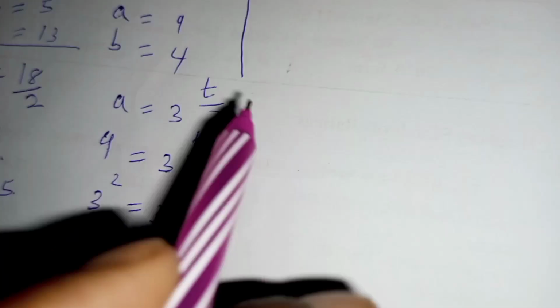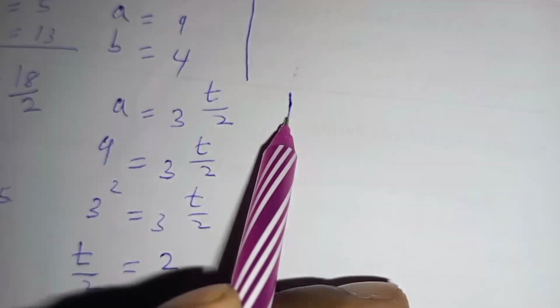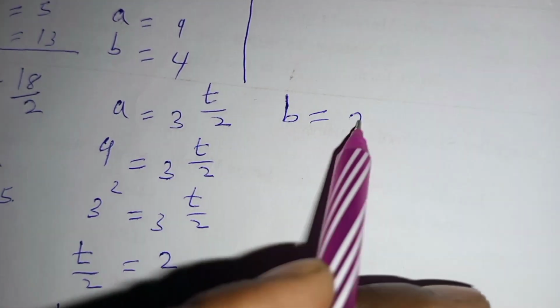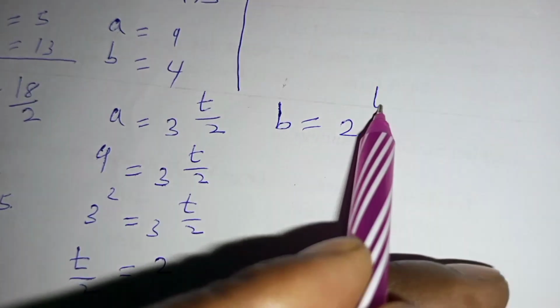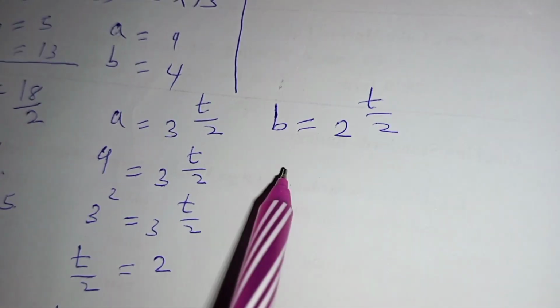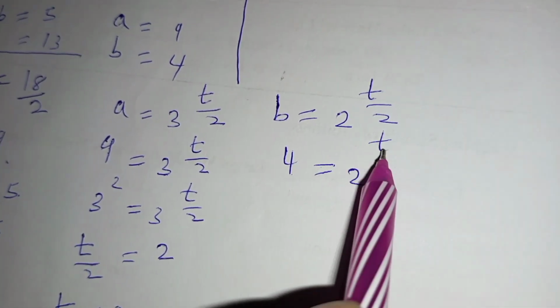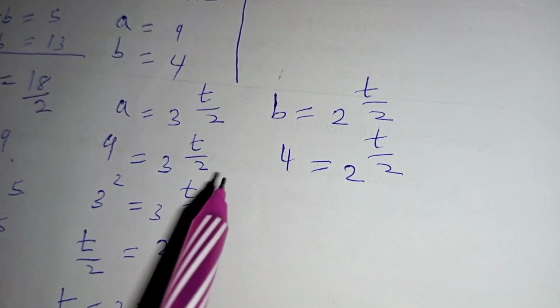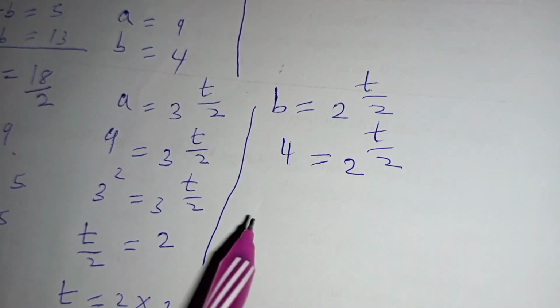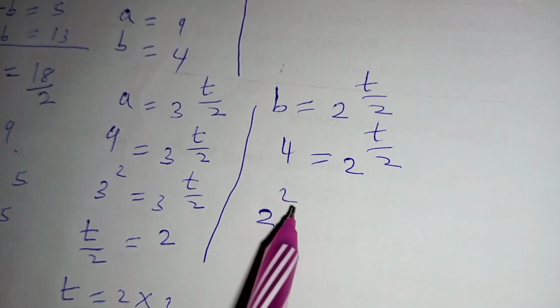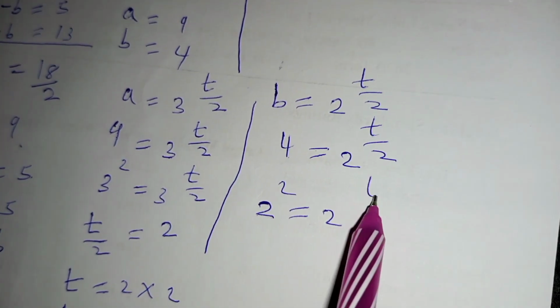Similarly, we had b being equal to 2 to the power of t over 2. Our b is 4. So 4 is equal to 2 to the power of t over 2. 4 can be written as 2 squared, which is equal to 2 to the power of t over 2.